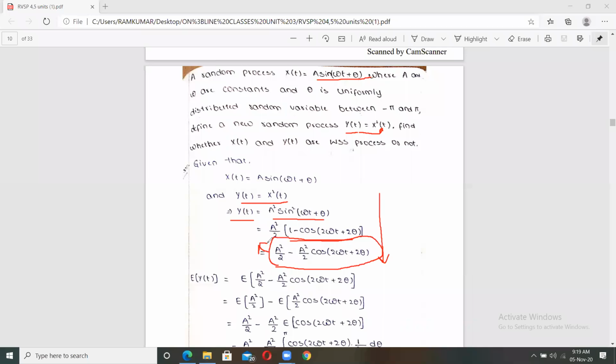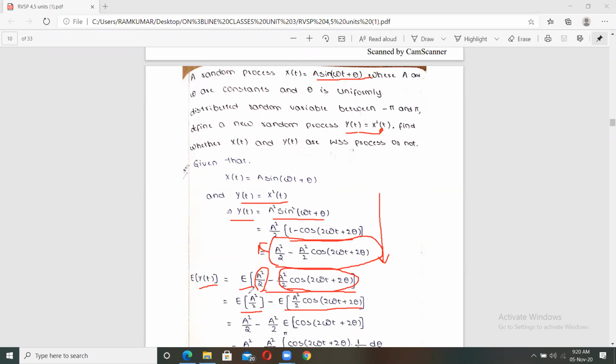Right? For that, we have to calculate the mean value, which is E of y of t. y of t is nothing but this equation derived from the given random process x of t. Now we have to apply the properties of expectation, which is E of x minus y equal to E of x minus E of y.